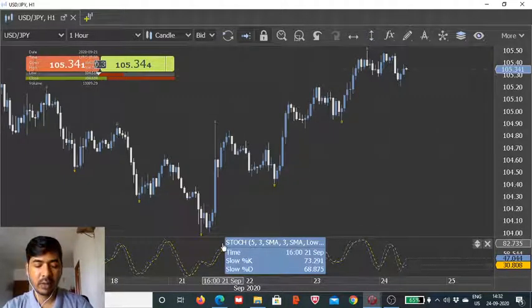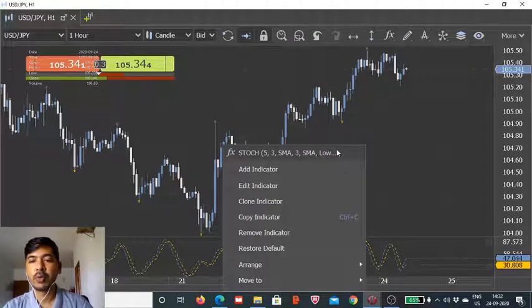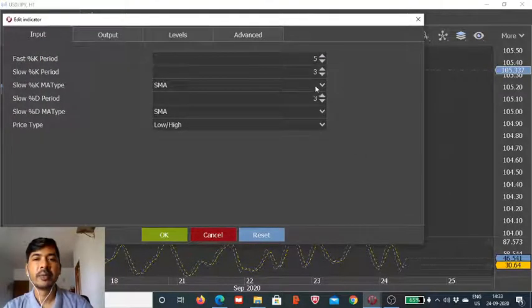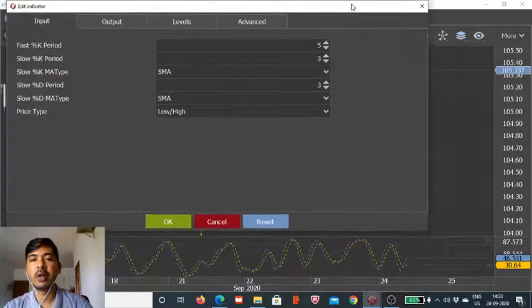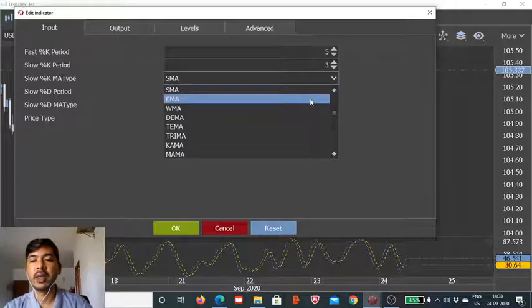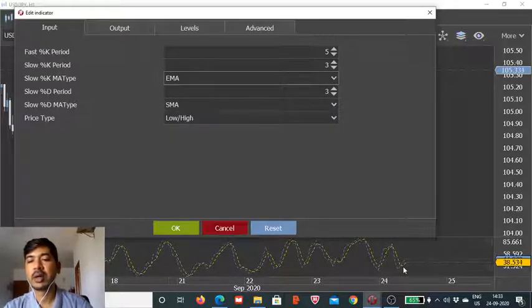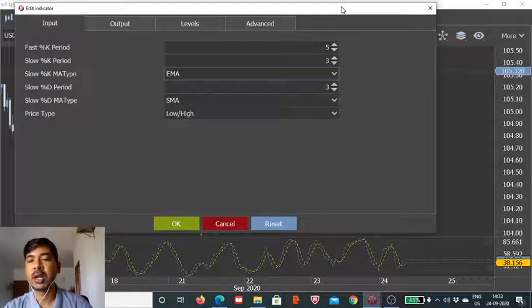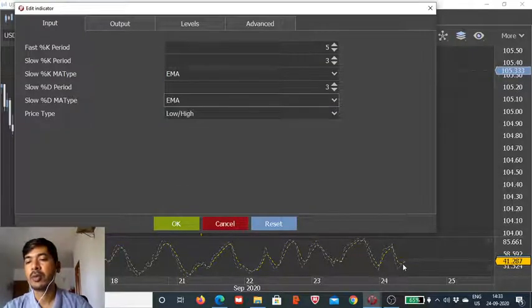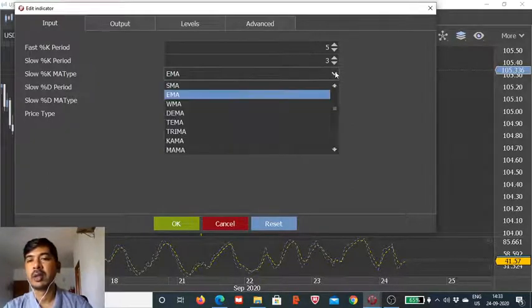So here I will explain what happens when we change these parameters to some extent. If we change the MA type, even in that scenario we will have different output values. For example, if I make it EMA, please observe the plotting on the lower half of this chart. Here you will see that as I changed the MA type, we have a change in the plotting of the stochastic.